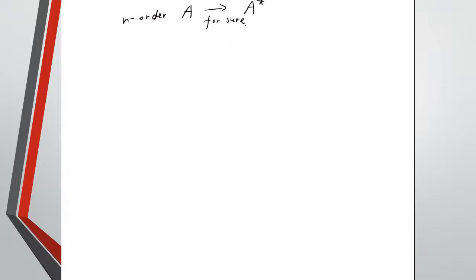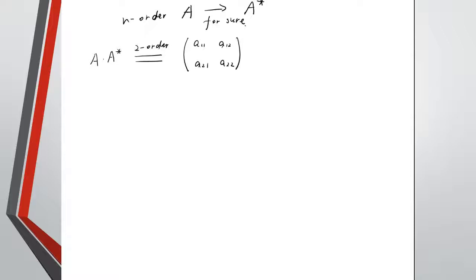Okay, in the following, we're going to talk about one important property of the adjoint matrix, which is about A times its adjoint matrix, like this. To simplify our calculation, we're only going to look at the second order condition. So here we have a second order matrix with a11, a12, a21, and a22.